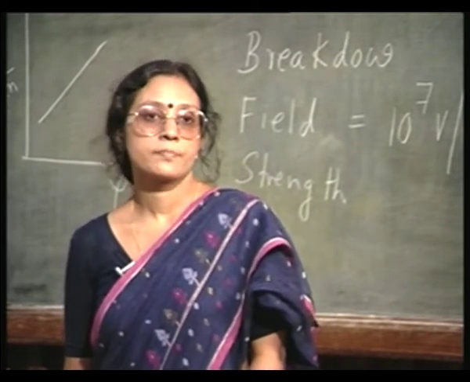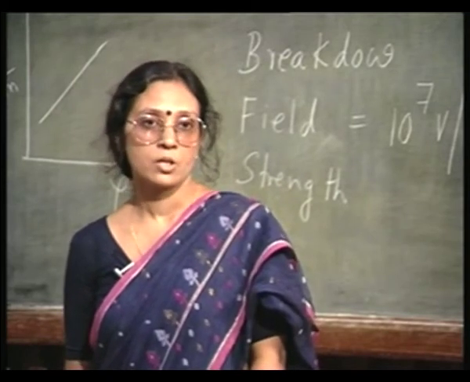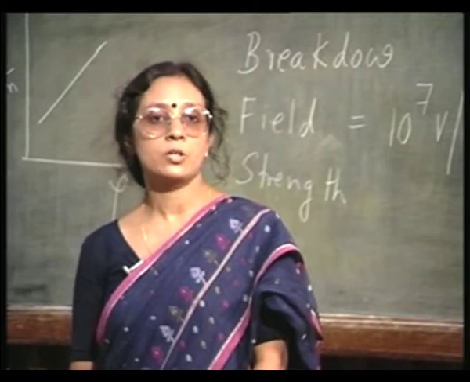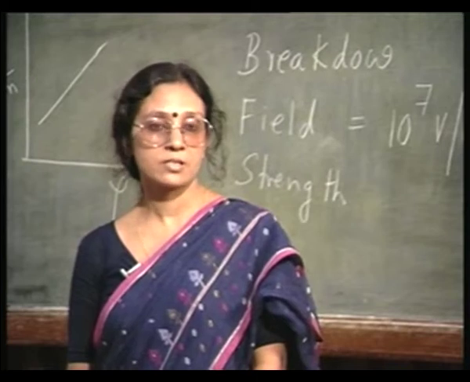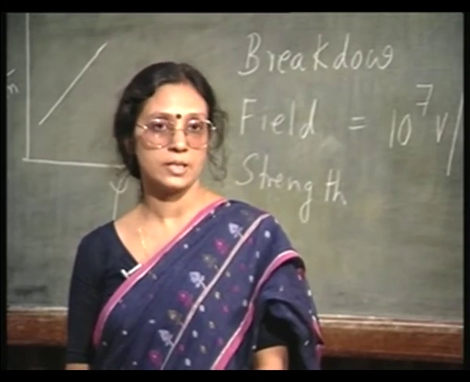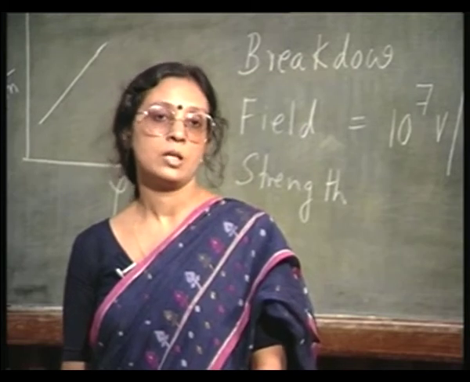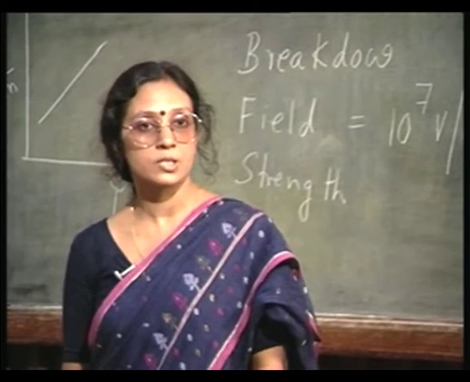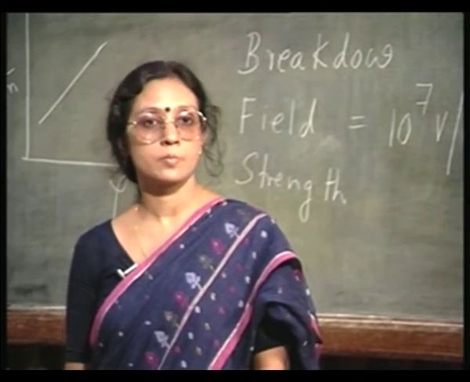So, this is about the oxidation of silicon. Let me emphasize once again that thermal oxidation of silicon yields the best oxide. The oxide properties are the best for thermal oxidation. That is why thermal oxidation is the standard processing step in VLSI technology, not the anodic or plasma oxidation.